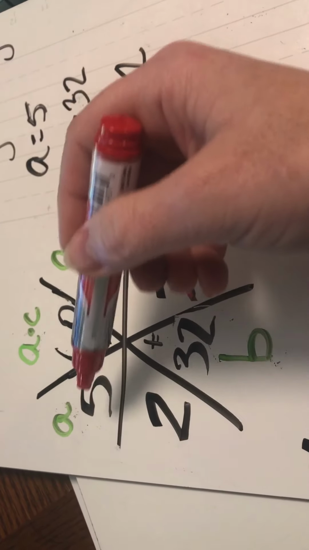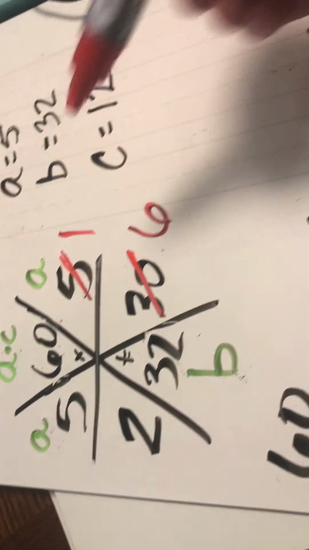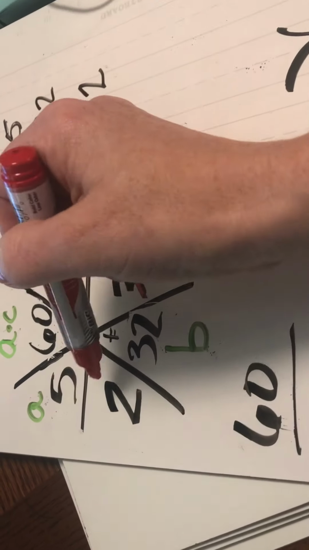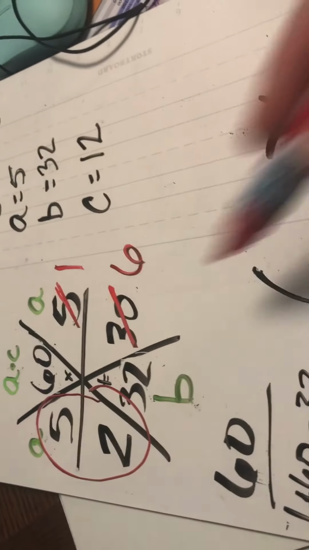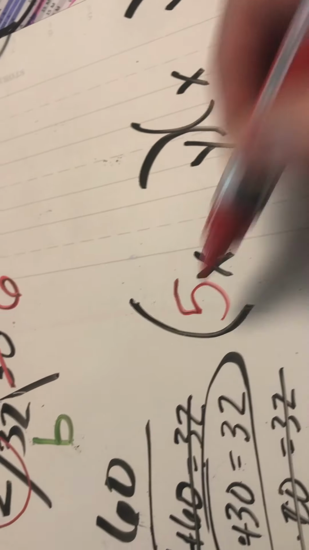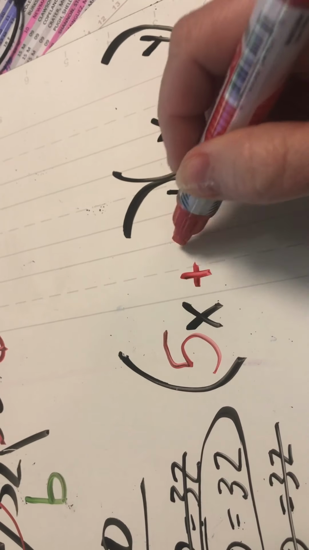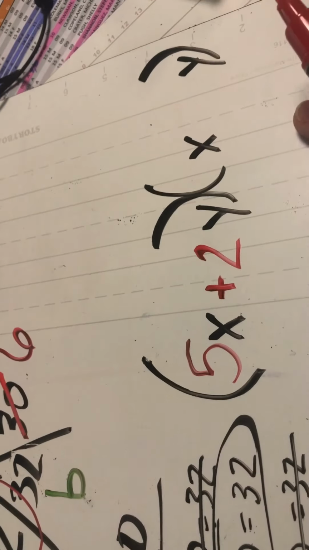Now, whatever you have left here is your two numbers that go in your first parentheses. So the number on top that came from your A goes right here in front of your x. The number on bottom goes in your second spot, and it was a positive 2, so it's going to be a positive 2 right there.